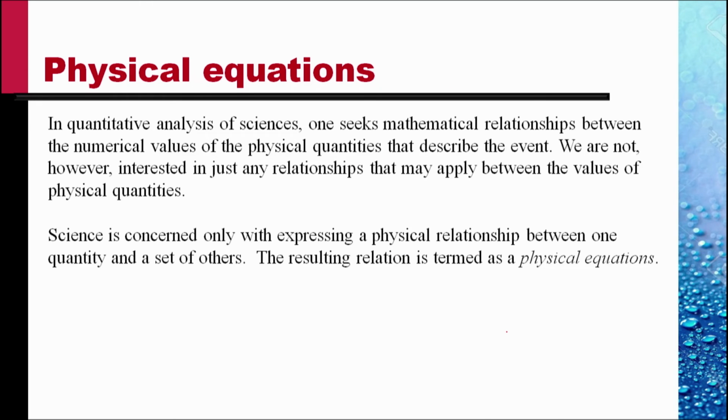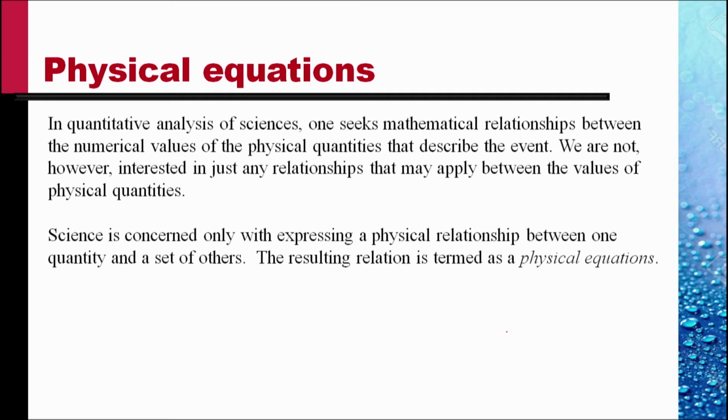Let's next talk about the nature of physical equations. In quantitative analysis of sciences, one seeks mathematical relationships between the numerical values of the physical quantities that describe the event. What is the velocity when a car travels 30 kilometers in 1 hour? What is the kinetic energy of a body of 1 kilogram moving at 1 meters per second?